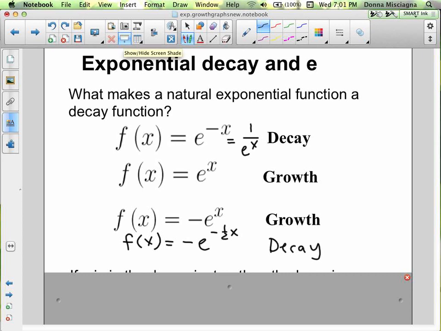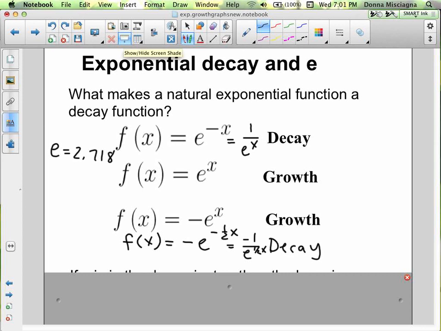And likewise, the bottom one there, f of x equals negative e to the negative 1/2 x, that would be the same as negative 1 divided by e to the 1/2 x. Right? So we remember what e is, right? E is equal to 2.718 and then so forth.